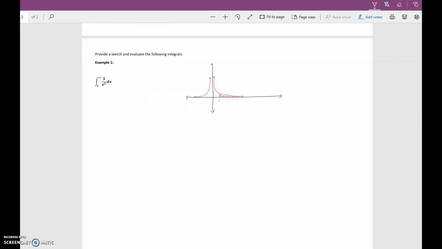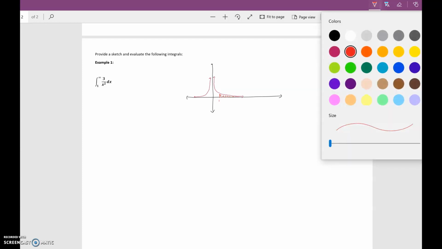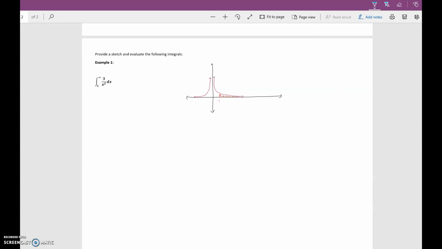Now, these integrals are going to be evaluated, and only if the limits exist are we going to be able to obtain a total amount of area that happens to be below the curve. So that's what we're looking at.